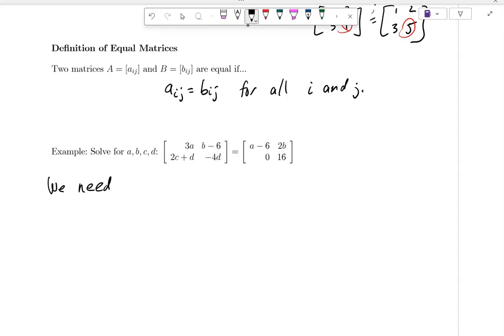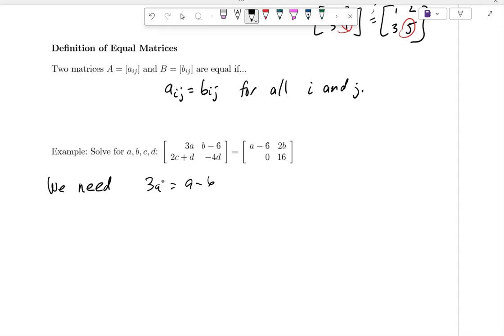Say you're looking at the upper left-hand entries. What equation can you get from that? So, careful. We're just looking at the upper left-hand corner. 3a has to equal a minus 6, right?